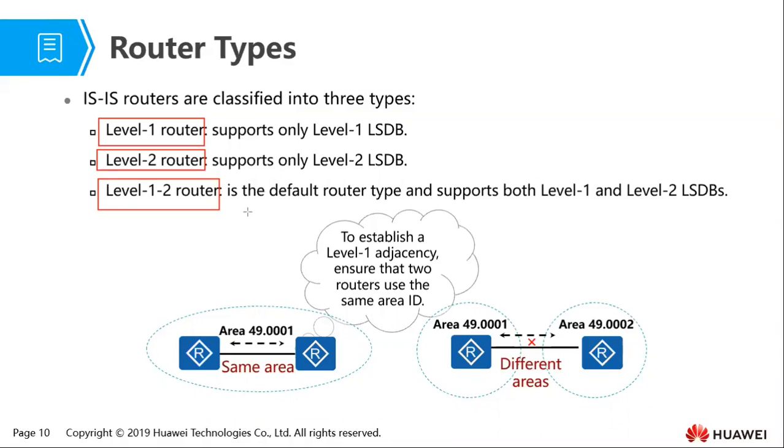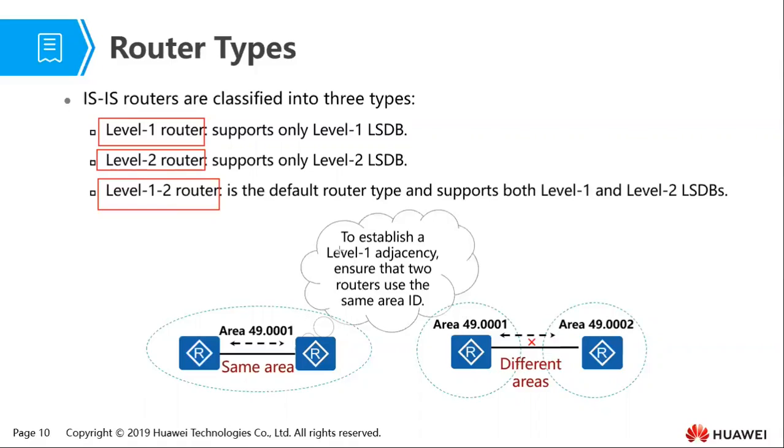Now, generally, routers within the same area can establish neighbor relationships with other routers. And most of the time, a level 1 router can create a neighbor relationship with a level 1 router and a level 1-2 router. Then we can have another area.